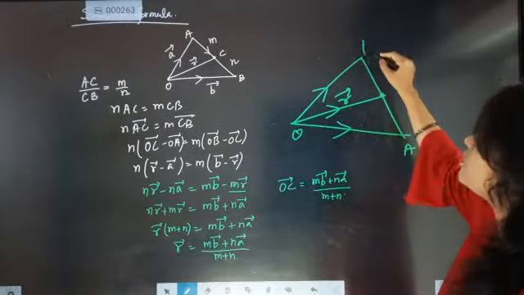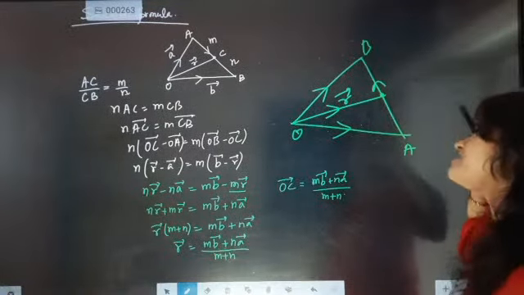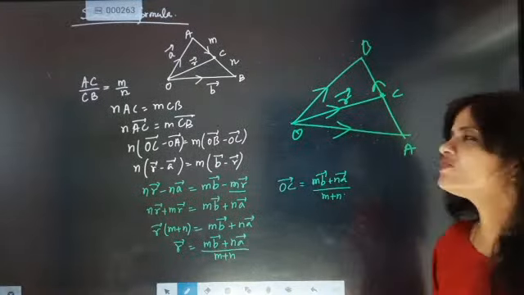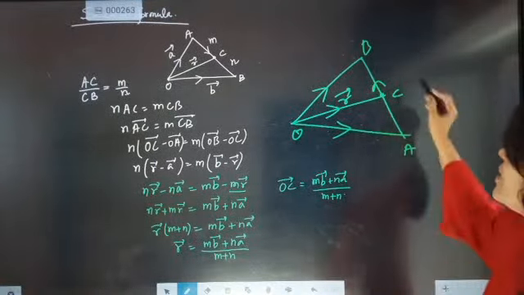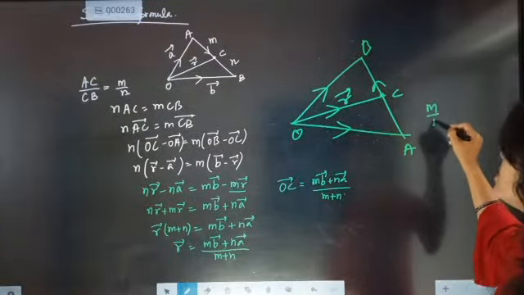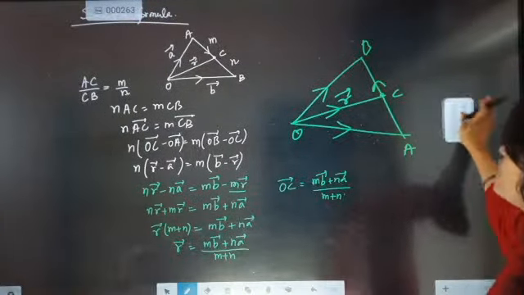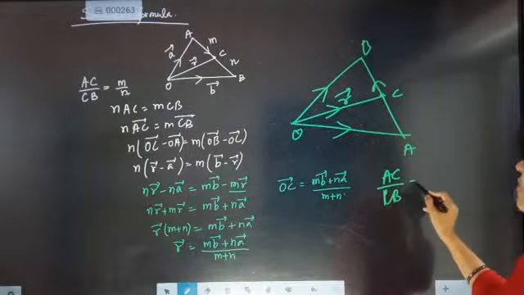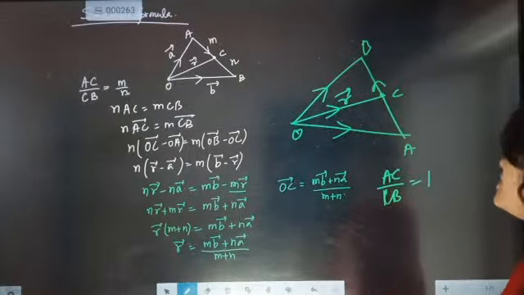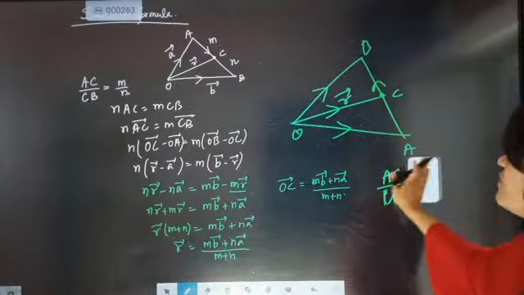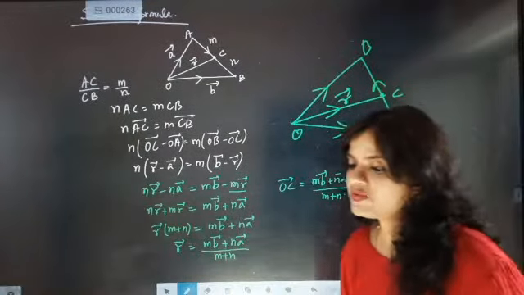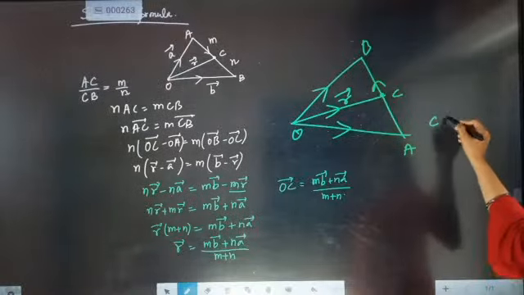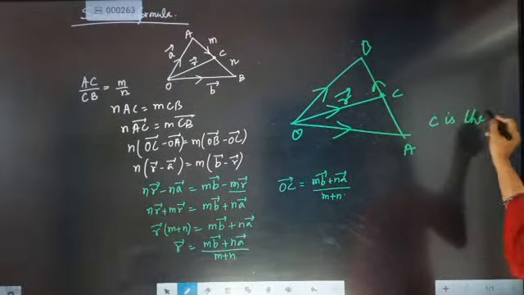Now A to B if we are writing, and here this is C, then if it is the midpoint, what will happen? m is to n will be coming as what? Then the ratio AC by CB will become 1. So directly we will write here m is to n will become 1.